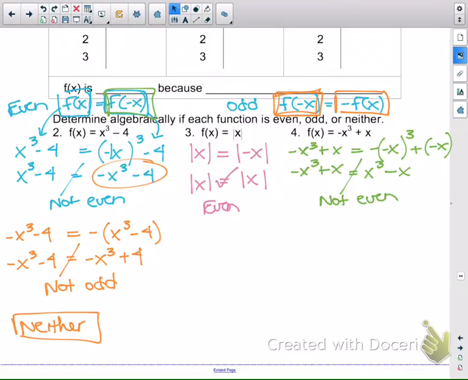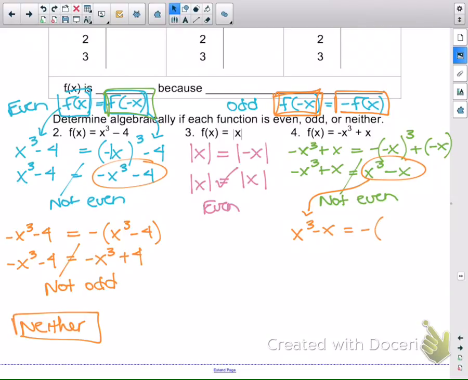To check if it's odd, I use the other test. On the left-hand side, we do f(-x), which we already know the answer to. What did we get for that? x³ minus x, this stuff on the right. That's what that is. On the right-hand side for this test, what do I do? Put a negative on the outside of which function?